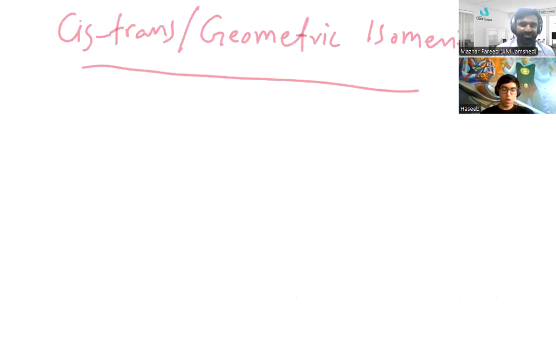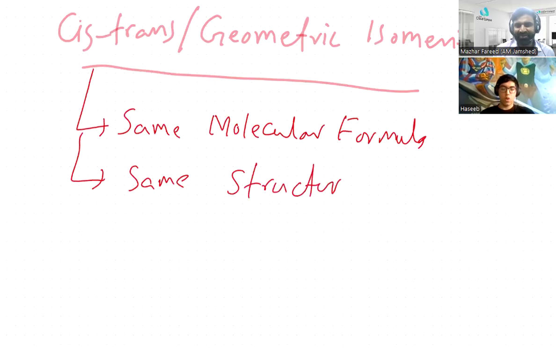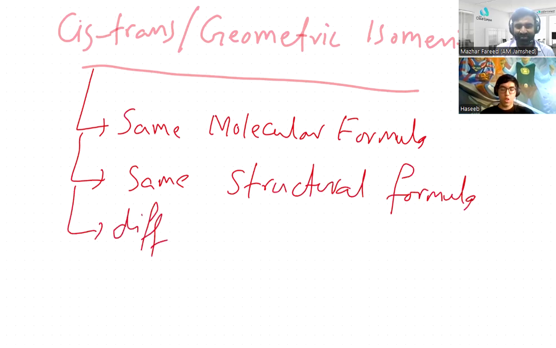If we say cis-trans isomerism, it has the same molecular formula and different structural formula. The number of atoms will be the same, but the position of groups in space will be different. Different position of groups in space.